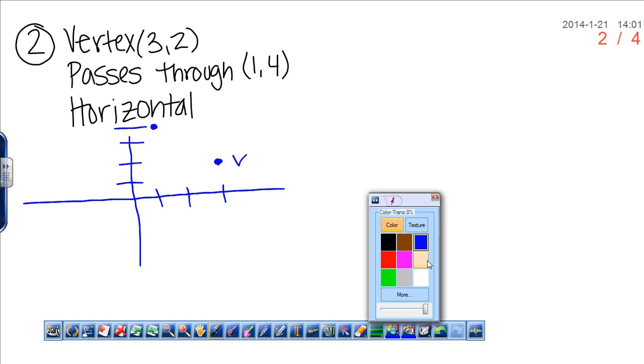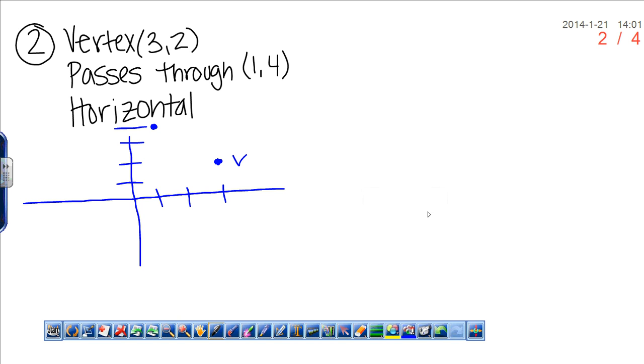By having that it passes through 1, 4, could you do 5, 4, 2? Like mirror it? Well, this parabola is horizontal. So it's going to go like this. Okay. So this is horizontal, meaning we know our goal equation.